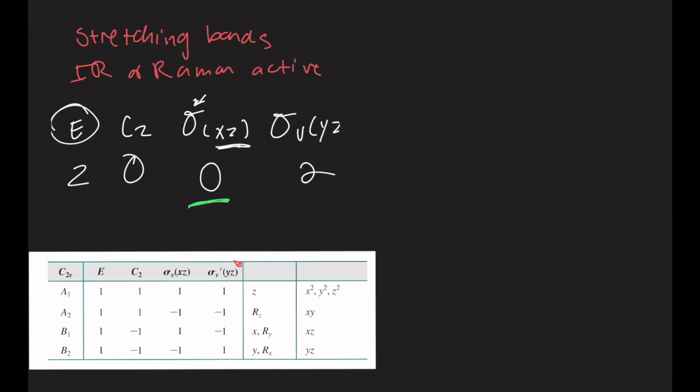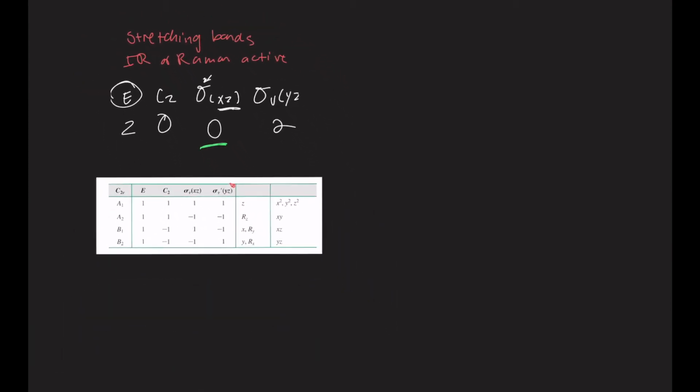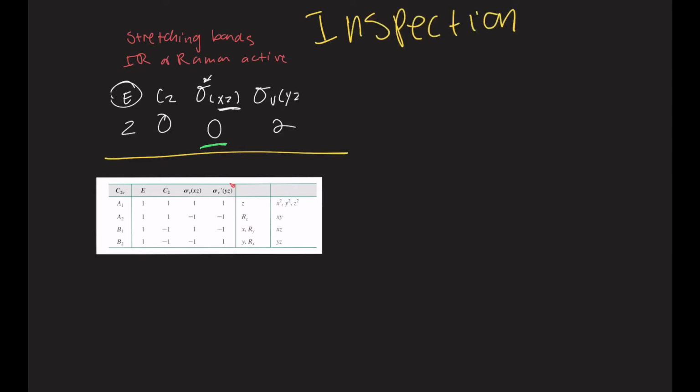So now we go to the actual calculation using our table over here. There are 2 ways to calculate this. One is through inspection, which is just using the information that you have right here.